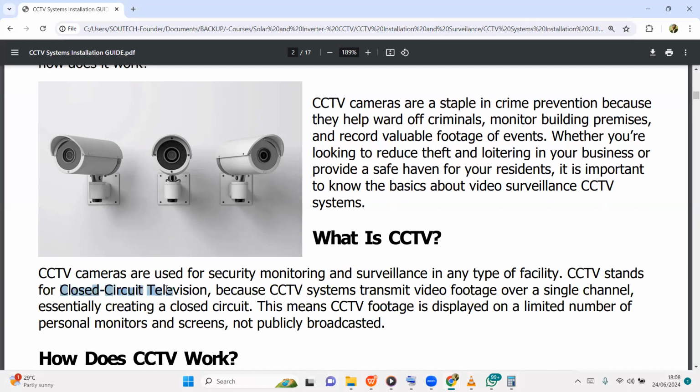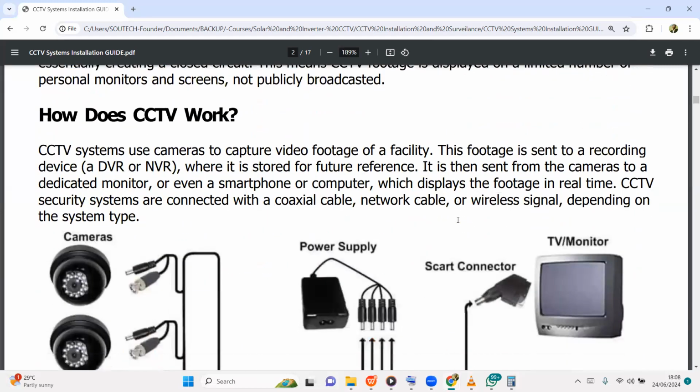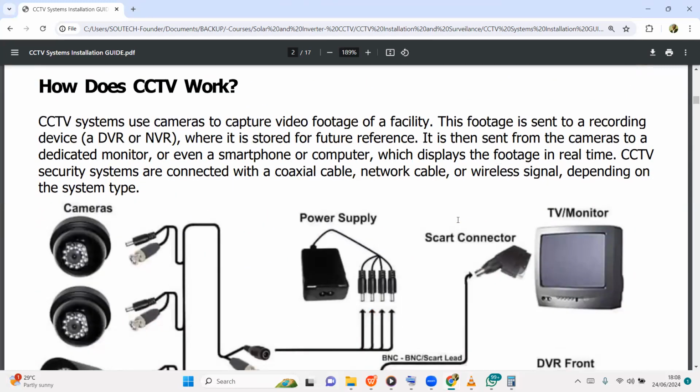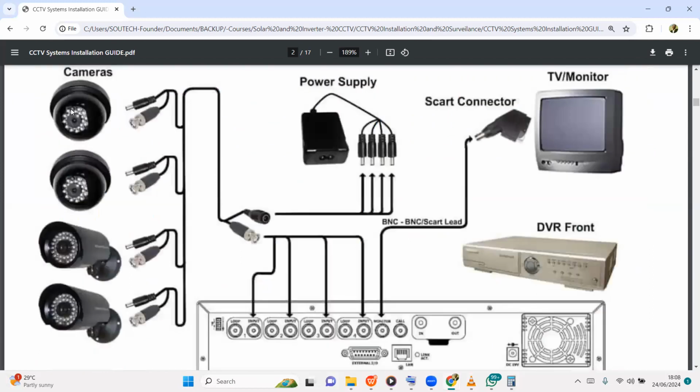We're going to look at the different components that make up a CCTV system. So the question is, how does a CCTV system work? A CCTV system is going to consist of something that collects the video signal, then a power supply that is going to power the camera.